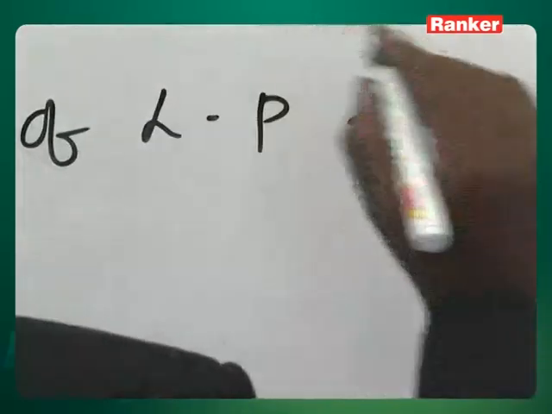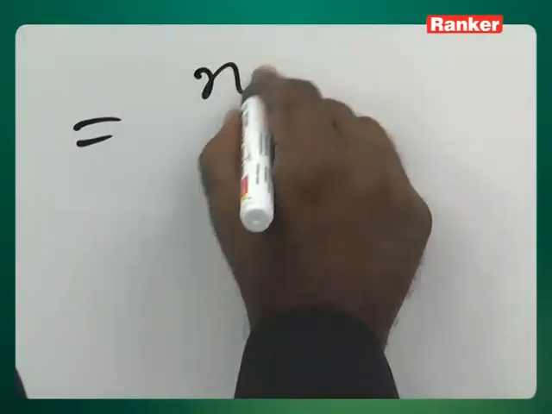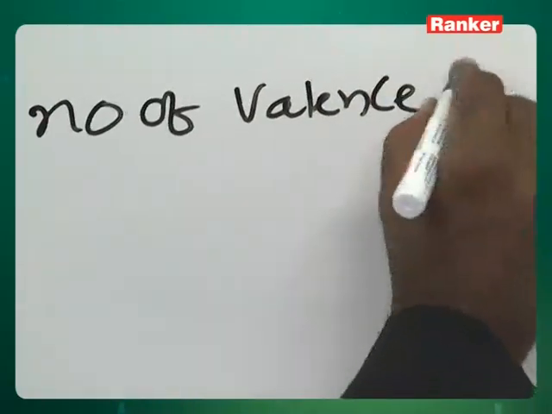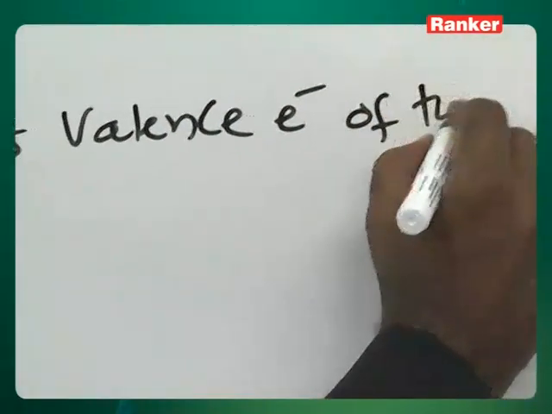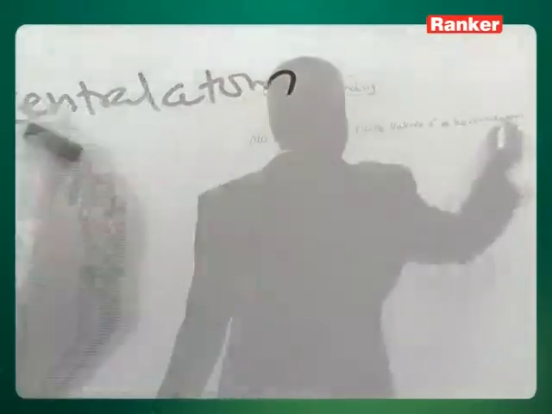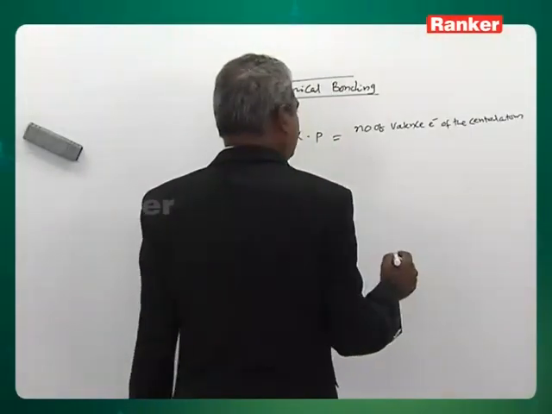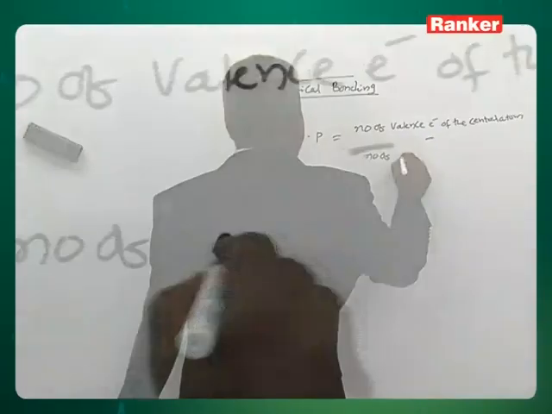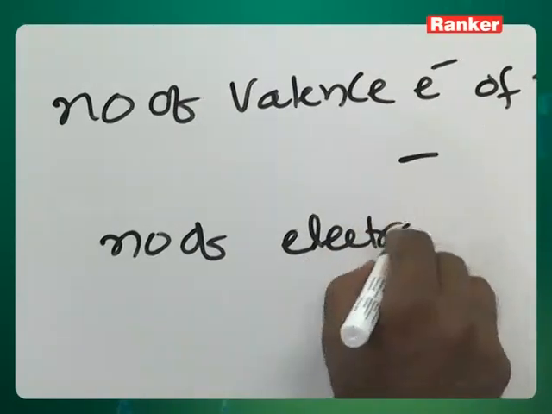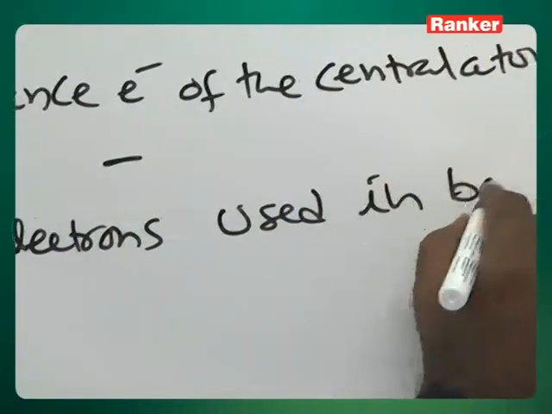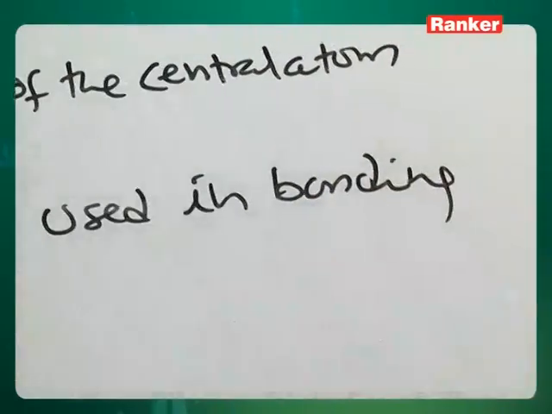Look here. Number of valence electrons of the central atom. Of course, we are always interested in the central atom only. Number of valence electrons of the central atom minus number of electrons used in bonding, divided by 2.